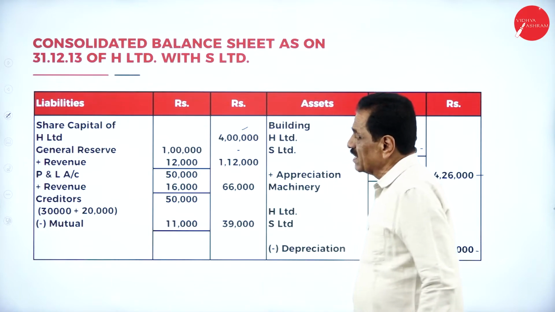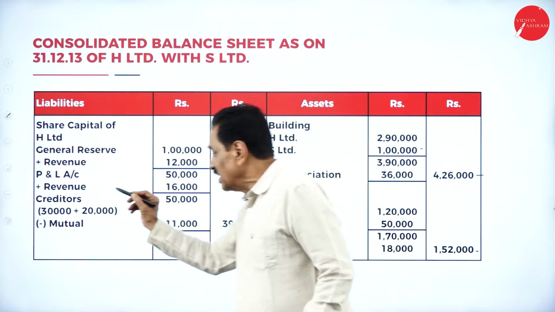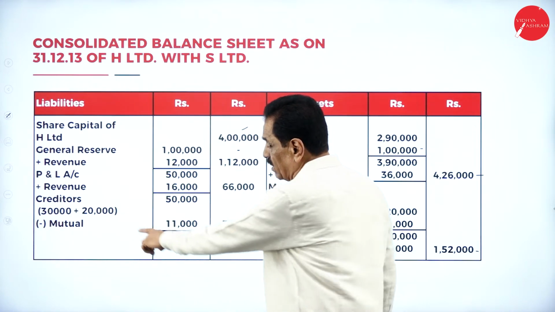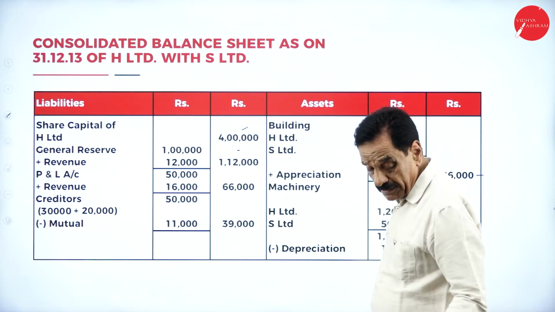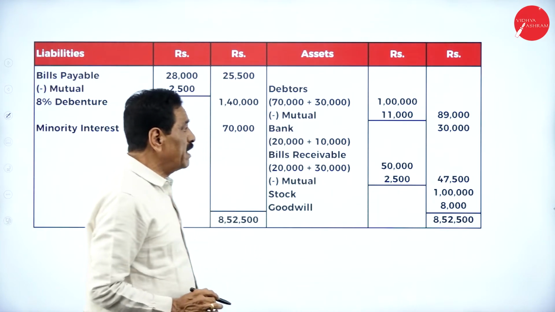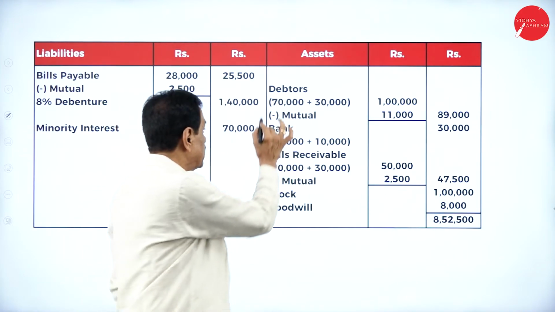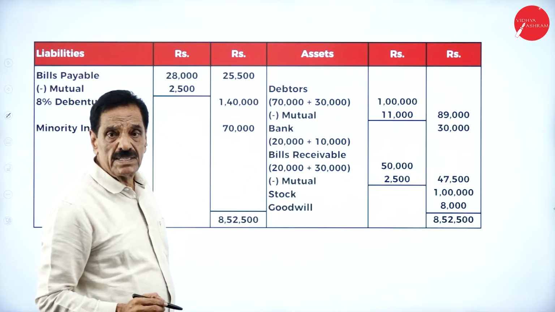Add the revenue profit of 16,000, and it becomes 66,000. Creditors: 30,000 plus 20,000 is 50,000, minus mutual 11,000, becomes 39,000. Debtors: 70,000 plus 30,000 is 1 lakh, minus mutual adjustment of 11,000, becomes 89,000.